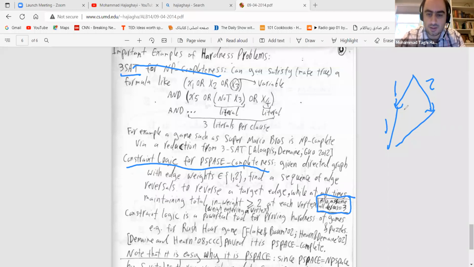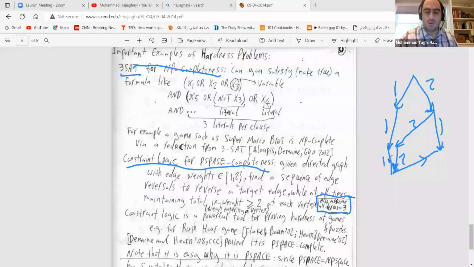So all the degrees of these vertices are 3, at most 3 edges coming into each vertex. And the weights are again 2, 1, 1, 2, and so on. Maybe this guy to this. So it is not acyclic; it can have cycles.